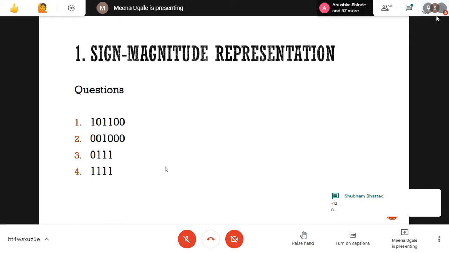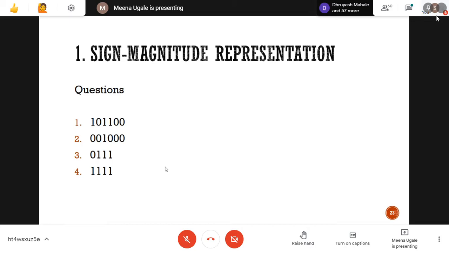Okay, I'm getting one answer here. Shubham is saying minus 12, 8, 7, plus 7 and minus 7. I said the MSB represents the sign bit and the remaining bits are your magnitude. I repeat, the MSB represents the sign bit.